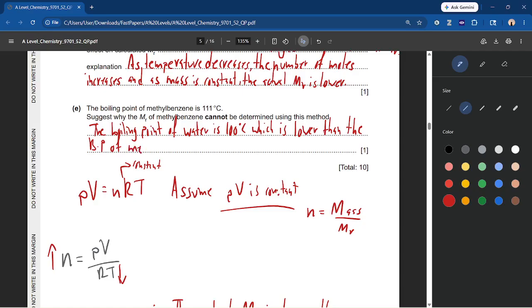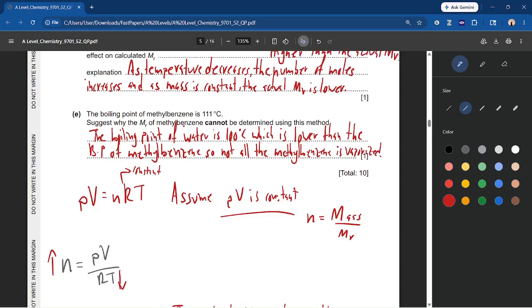Of methyl benzene. So not all the methyl benzene is vaporized. Benzene is vaporized. All right, cool, very simple.